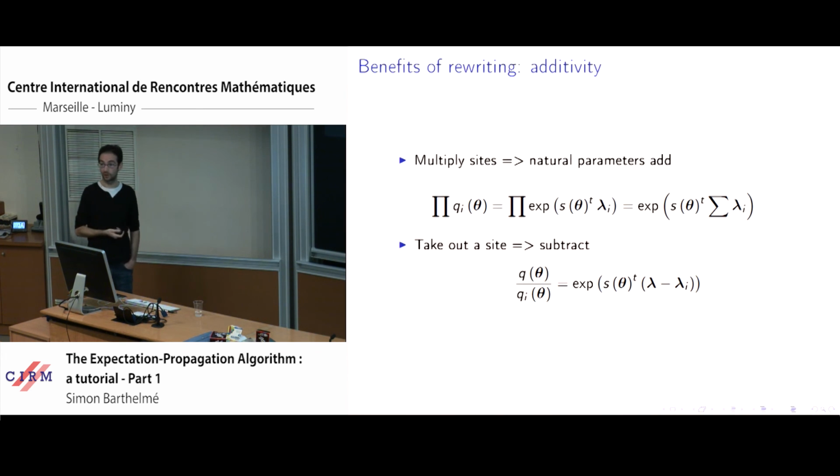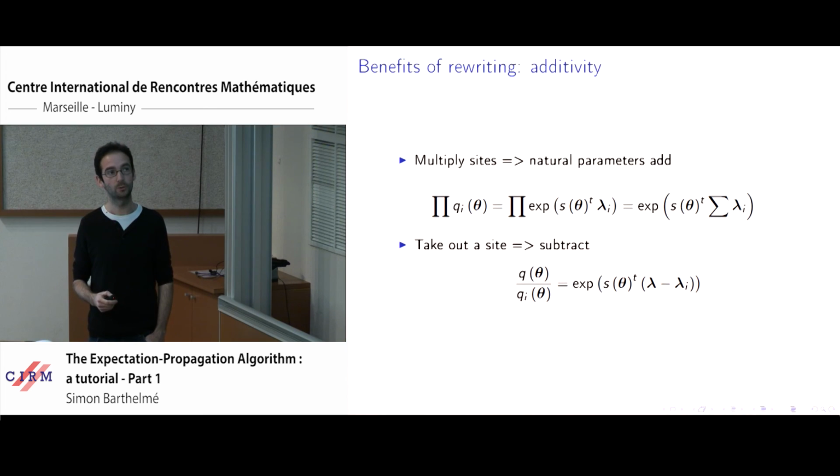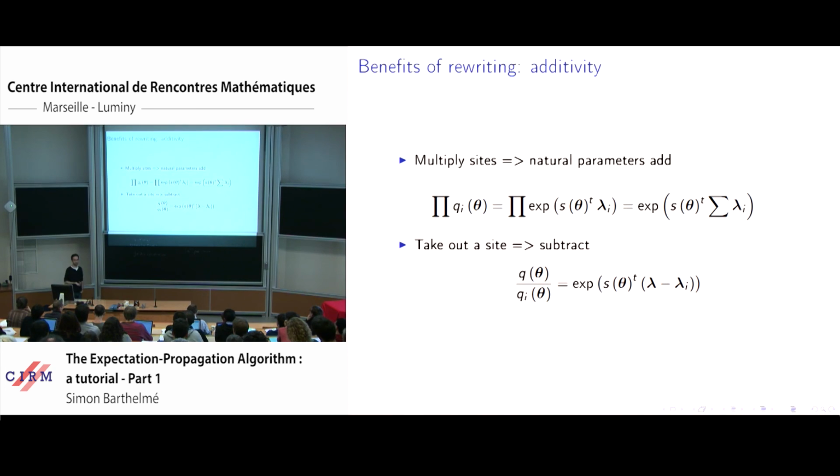Forming a cavity meant taking out a site, and taking out a site meant dividing, as Guillaume explained yesterday. It's much more convenient if you can just subtract. So if we take my global distribution, which is the product of all the q_i's, and divide by one q_i, we get the same summary statistics with lambda minus lambda_i. So to take out the effect of a site, you just subtract from the natural parameters. Very simple.